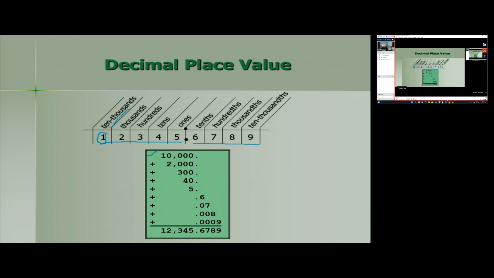This 2, on the thousands place, multiplied by the thousands place is 2,000. 3 multiplied by the 100 place value is 300. 4 times 10 is 40. 5 times 1 is 5. Now, 6 times 0.1 is 0.6. 7 times 0.01 is 0.07.